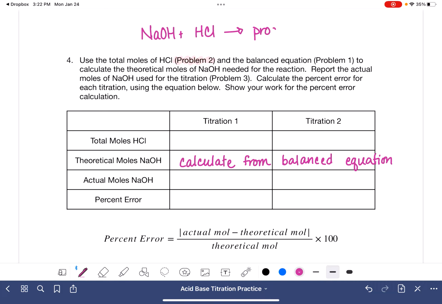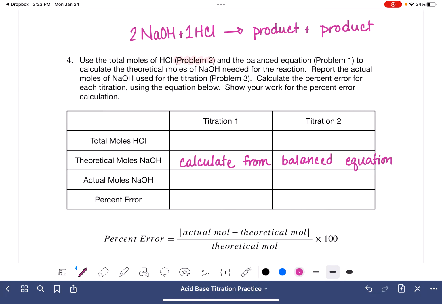Once this equation has been balanced, you are going to use the total moles of HCl that you've measured out in the lab, and you're going to use that to figure out the theoretical moles of NaOH, again, from the balanced equation. So let's say that after you balance the equation, you have 2 moles of NaOH and 1 mole of HCl in your balanced equation.